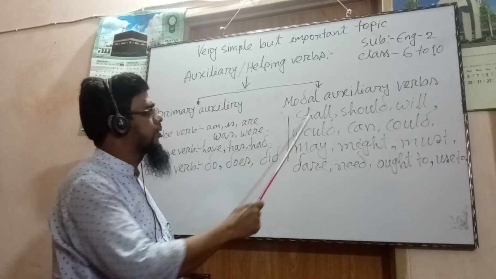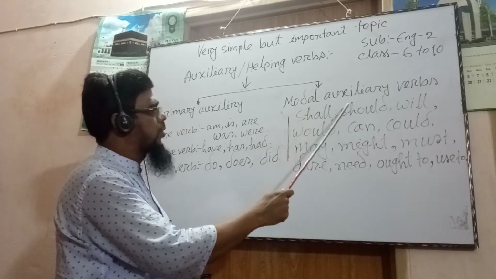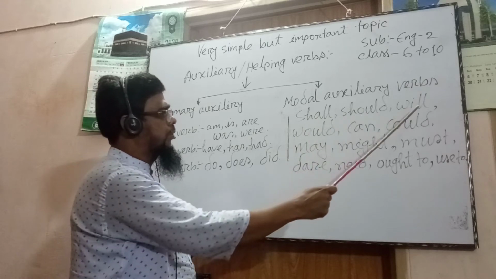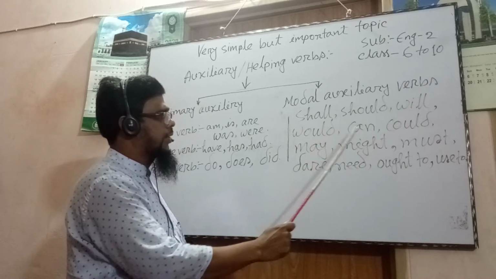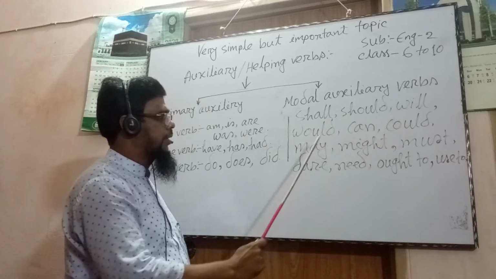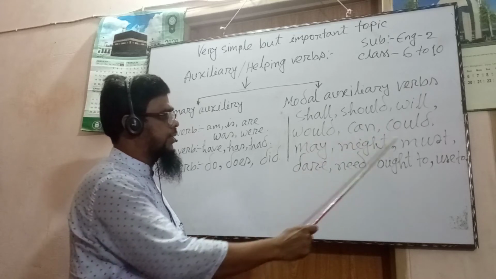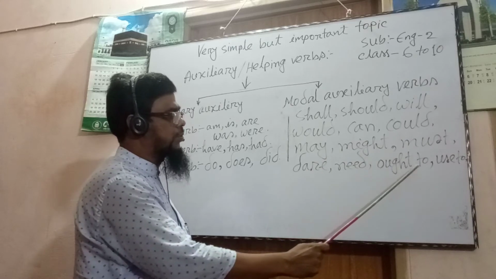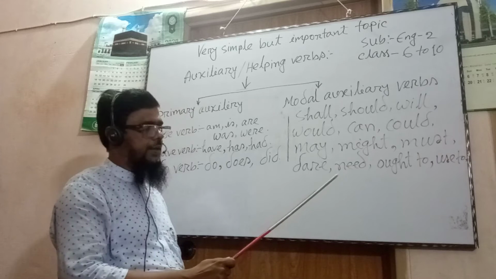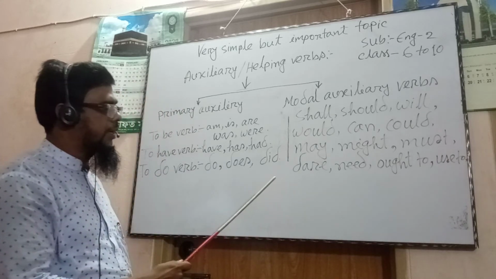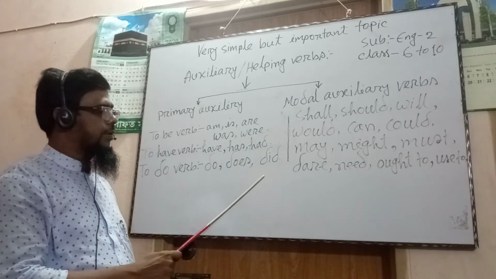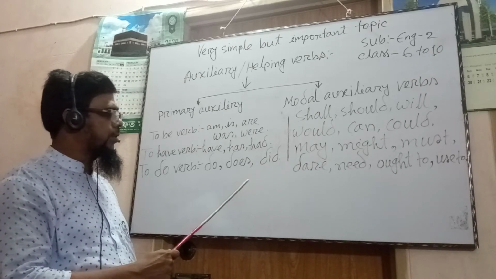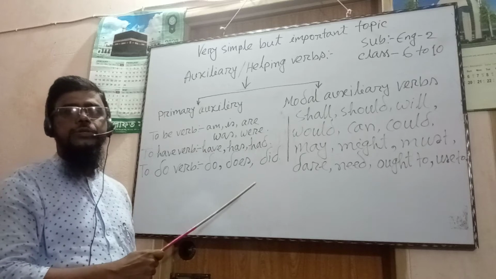And modal auxiliary verbs are shall, should, will, would, can, could, may, might, must, dare, need, ought to, used to. And had better, would rather, going to, have to, and so on.